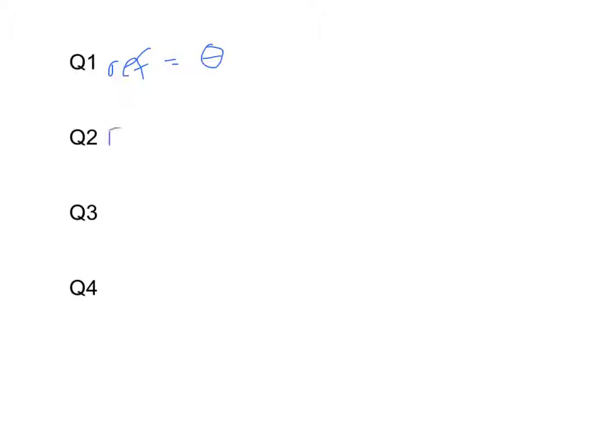When it was in quadrant 2, I had to do 180 minus theta. And if that was in radians, instead of 180, I would have had to use pi. So pi minus, and instead of theta, I'm going to write x. Sometimes you'll see theta for degrees and x for your radian values, so that's the way I'm going to write them on here.